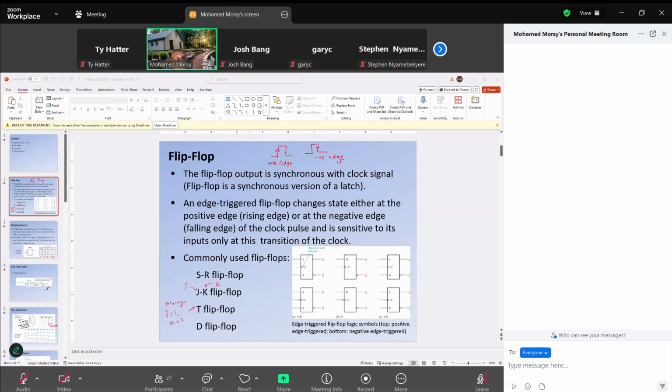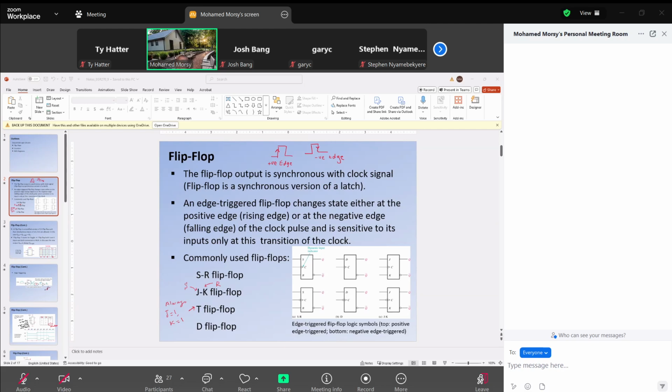Yes, 1, 1 at the input is not allowed. S equal 1 and R equal 1 at the same time. Guys, I mentioned this many times last time. I was expecting everyone to remember. S equal to 1 and R equal to 1 at the same time, or simultaneously, at the input is not allowed.